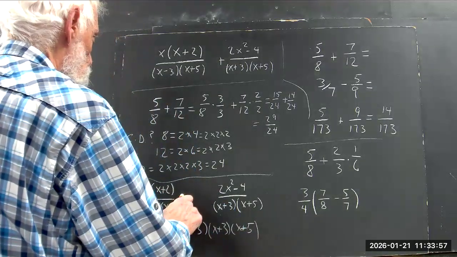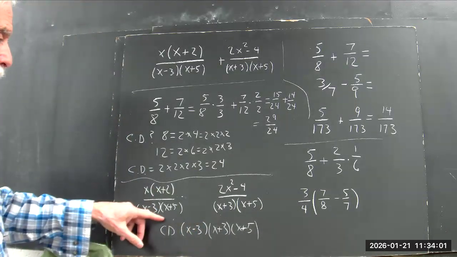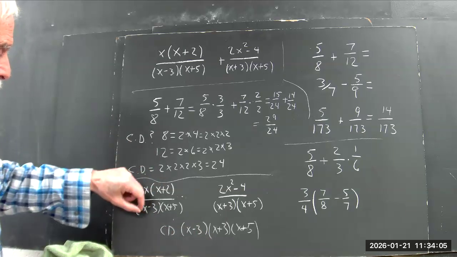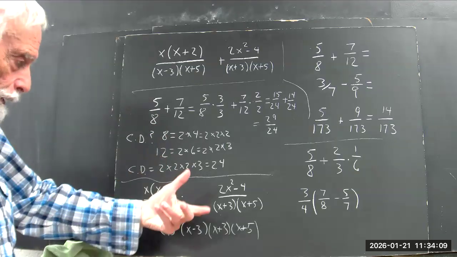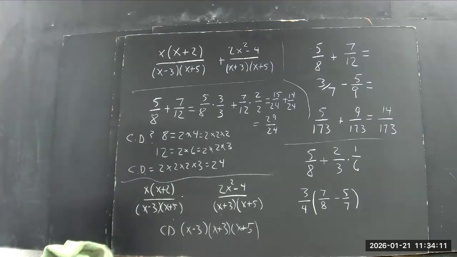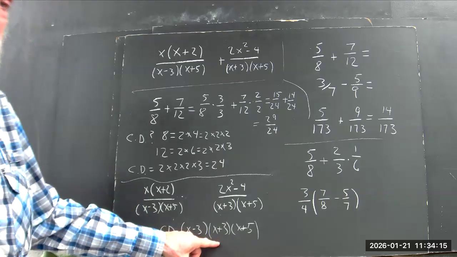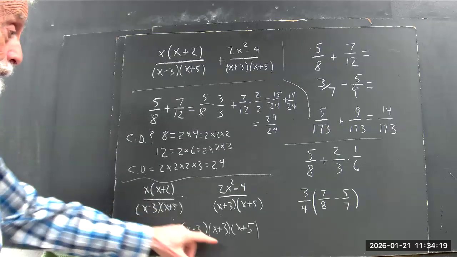Now, we don't want to take too much time on this. I'll just proceed. What are we missing in this denominator in order to get the common denominator? The first denominator has the quantity x minus 3 and the quantity x plus 5. What's missing? Well, it doesn't have an x plus 3, does it? Look at this.